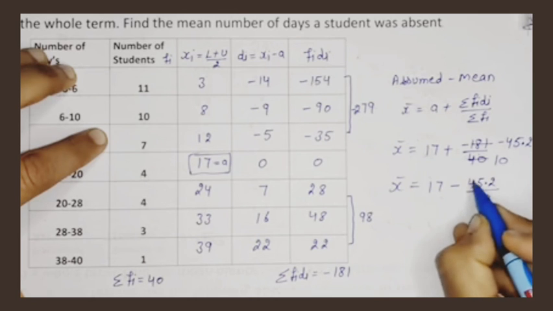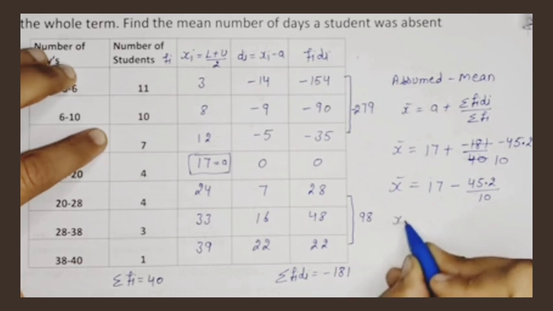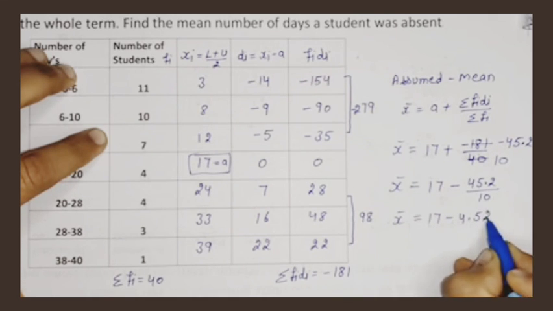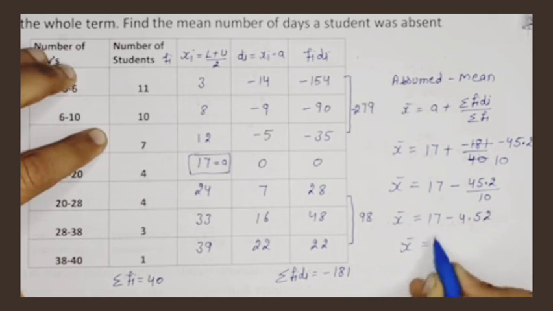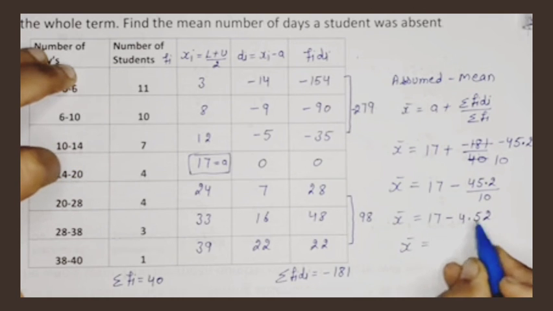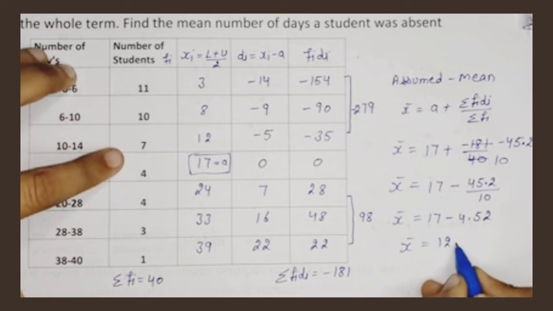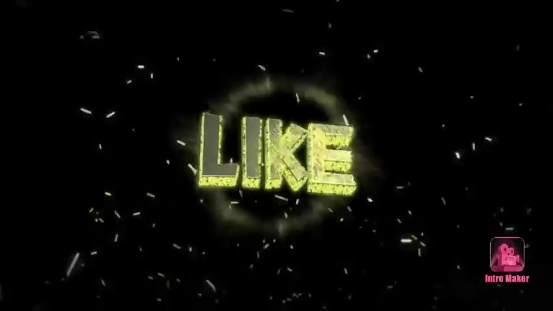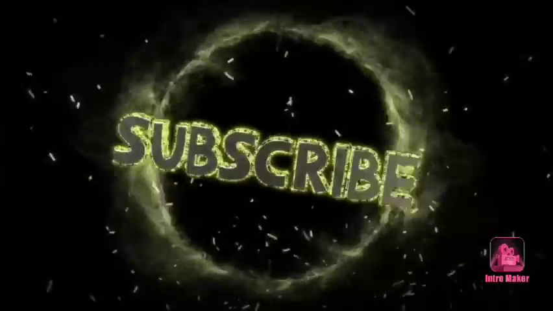Removing the decimal point, we will get x bar is equal to 17 minus 4.52. So x bar will be equal to 12.48. Hope you understand both the methods, direct method and assumed mean. Thank you.